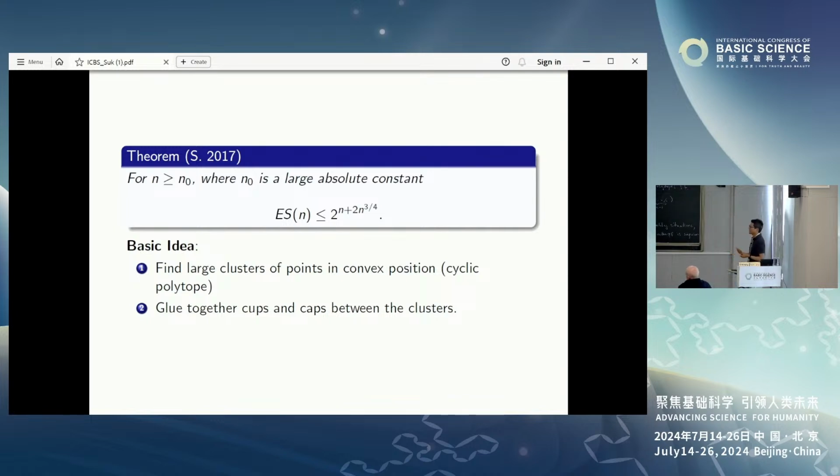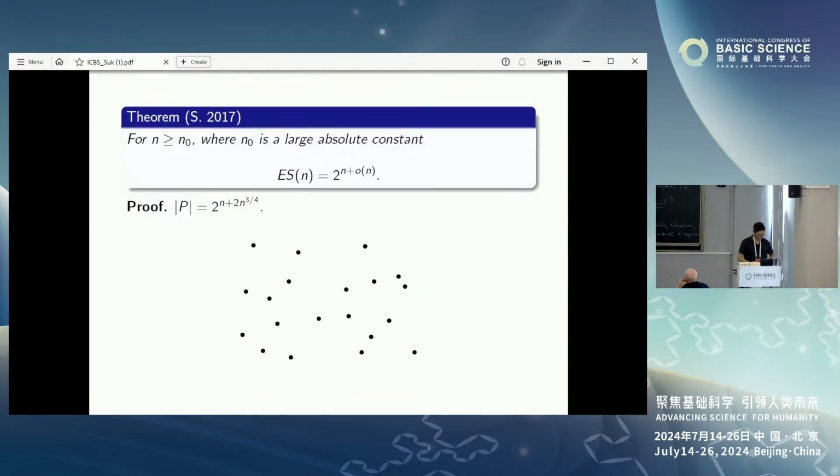It was kind of clear that this was the problem of this Erdos-Szekeres problem, which is cups and caps in position: first find large clusters, and then sum together the clusters. Okay.